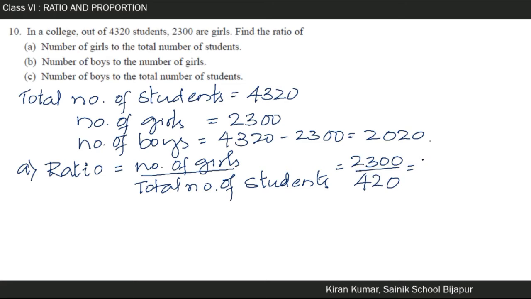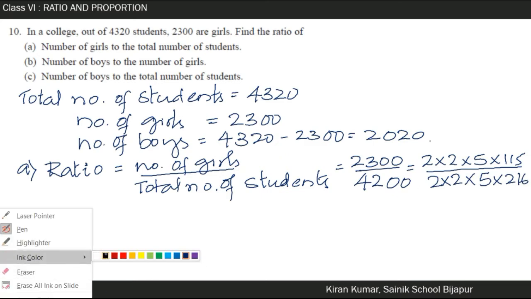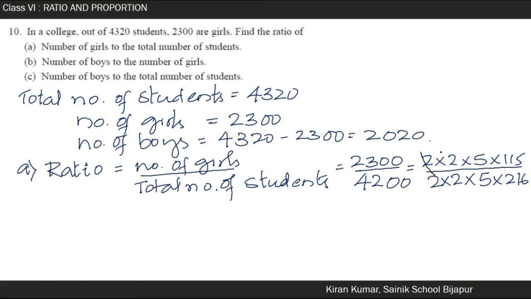This can be expressed as 2 multiplied by 2 multiplied by 5 multiplied by 115, and 4,320 can be expressed as 2 multiplied by 2 multiplied by 5 multiplied by 216. Now, very clearly, these numbers get cancelled and the ratio will become 115 upon 216.